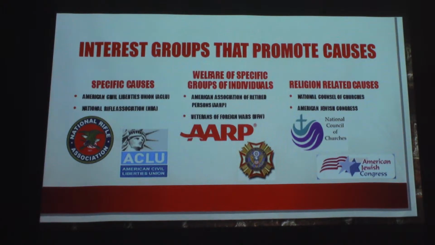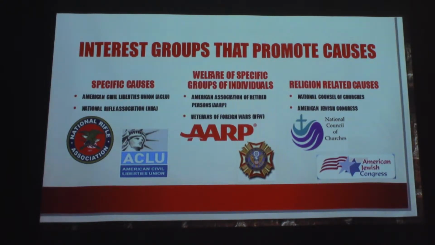Interest groups that promote causes. Specific causes include the American Civil Liberties Union, the National Rifle Association. There's welfare-specific groups of individuals, which include the American Association of Retired Persons, Veterans of Foreign Wars.